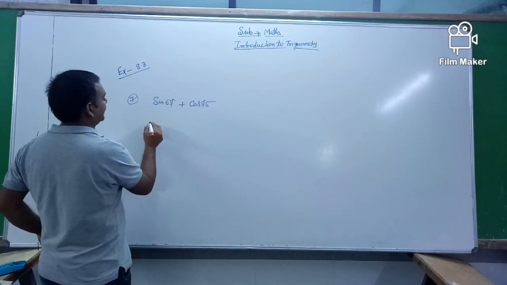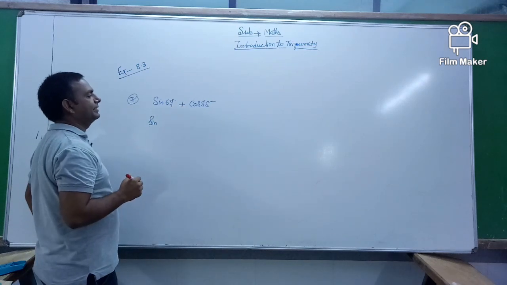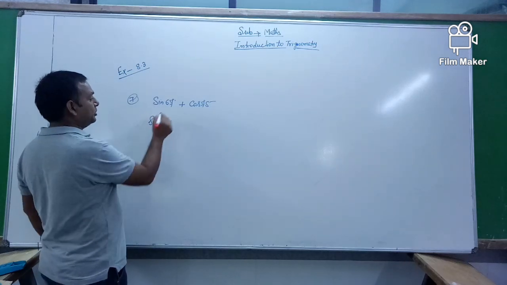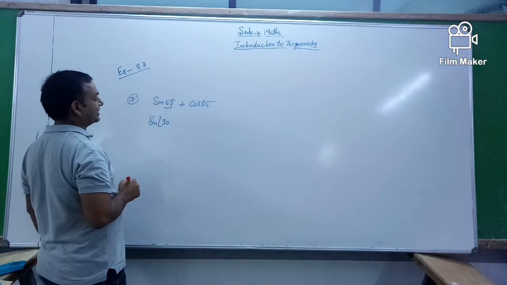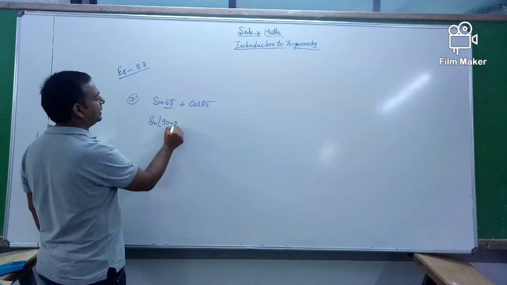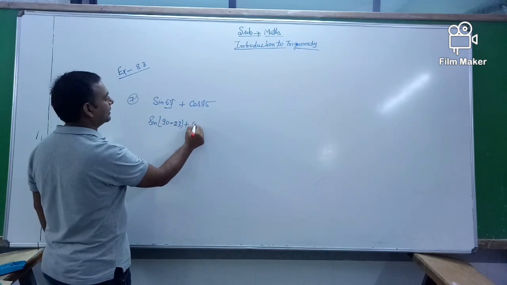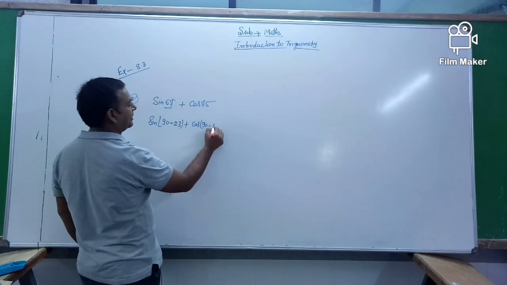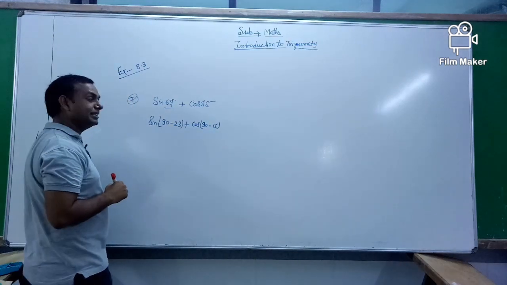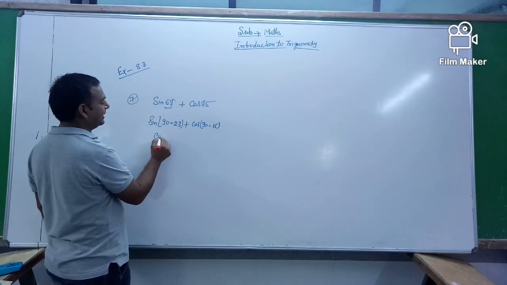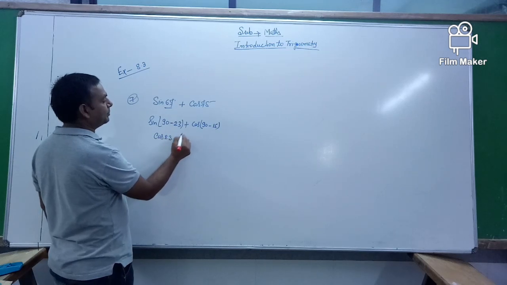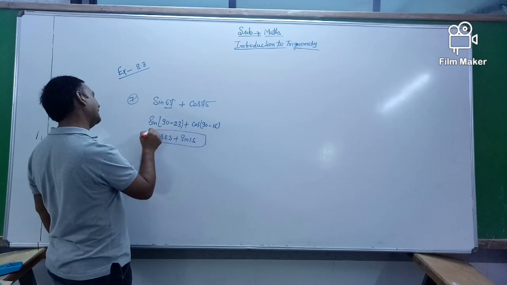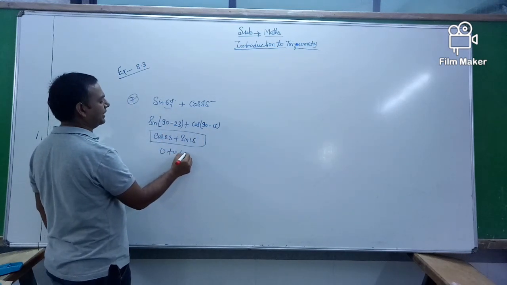Then you subtract: sin 67 means sin of 90 minus 23. And cos 75 means cos of 90 minus 15. Sine 90 minus theta is cos, so this is cos 23, and cos 90 minus theta is sine, so plus sin 15. So this is converted into angles between 0 and 45.